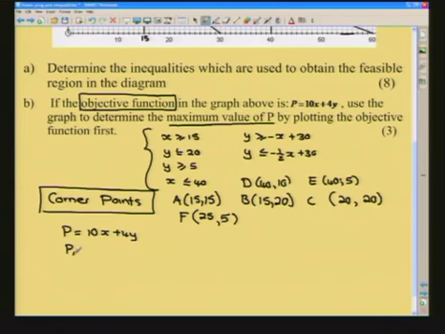Now, we want to know what happens at A. Well, it will be 10 times 15 plus 4 times 15, which will equal 150 plus 60, which is 210.